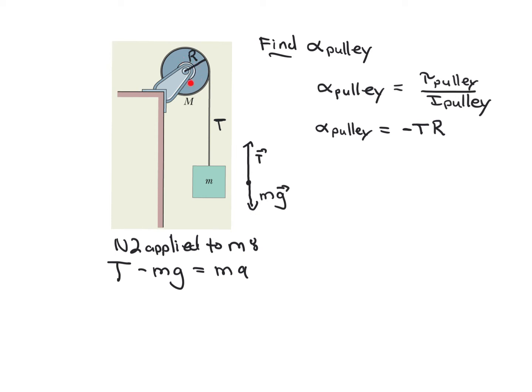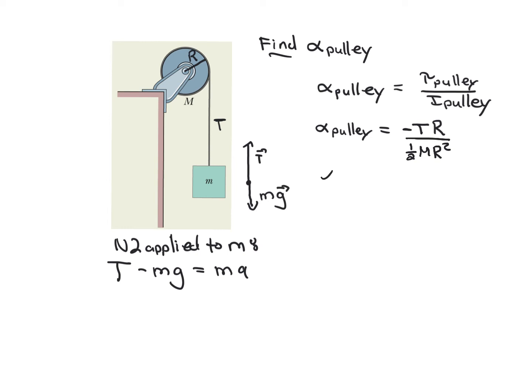Negative torques are going to be ones which cause the object to rotate in the clockwise direction. So here, the torque that's being exerted is clearly then a negative torque. And now we've got to divide that by the rotational inertia of the pulley, which we can treat as a disk. And you can look up the rotational inertia of a disk of mass m and radius r is just 1/2 mr squared.